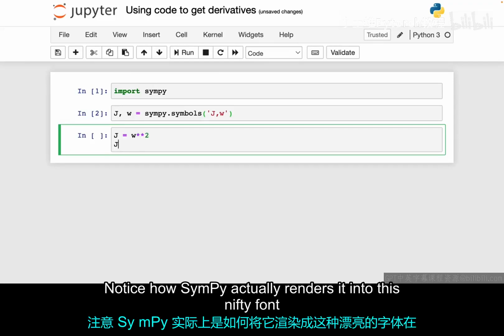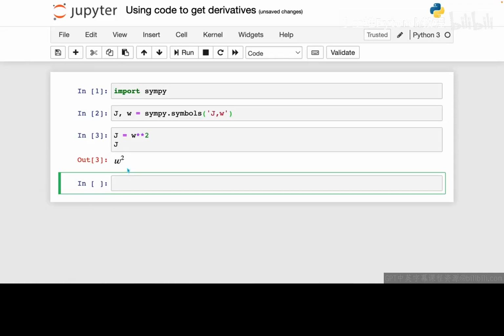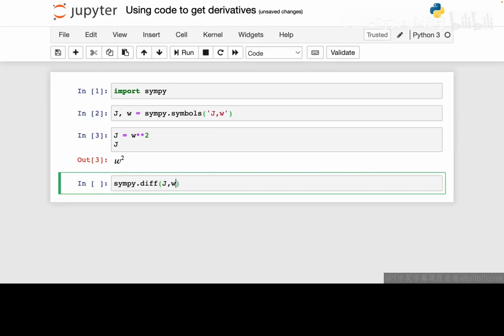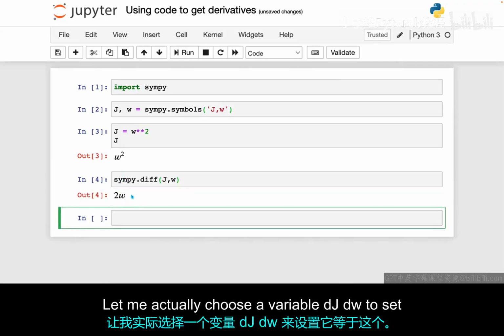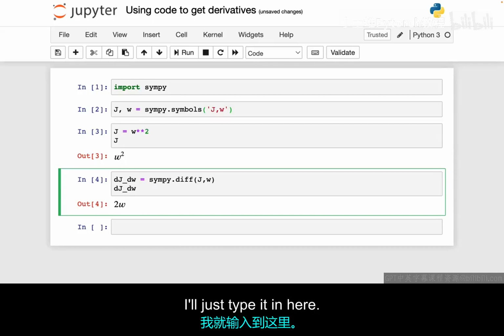Notice how SymPy actually renders it in this nifty font here as well. Now, if we were to use SymPy to take the derivative of j with respect to w, we should do as follows. You see that SymPy tells you this derivative is 2w. Let me actually choose a variable dj dw and set that to be equal to this, and just type it again here, so print it out.